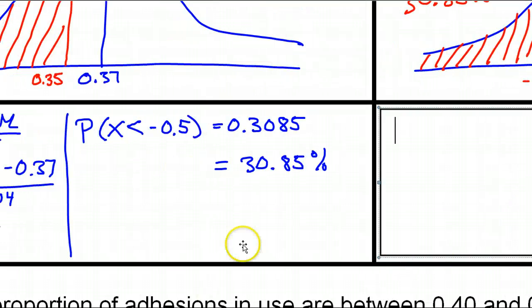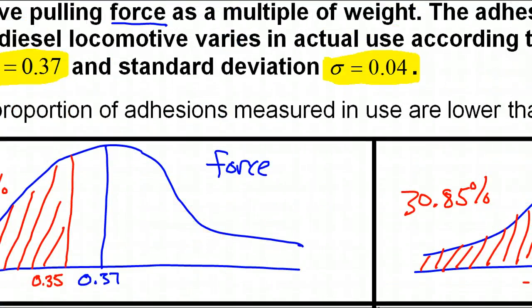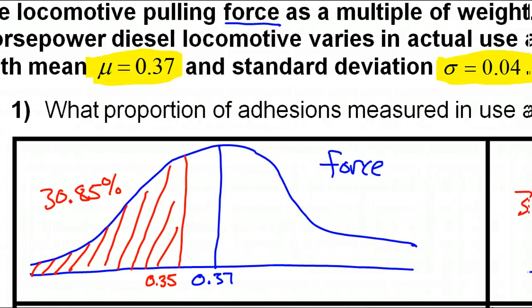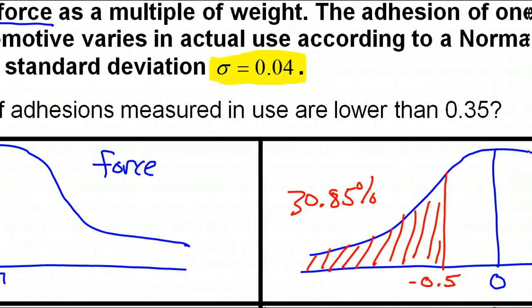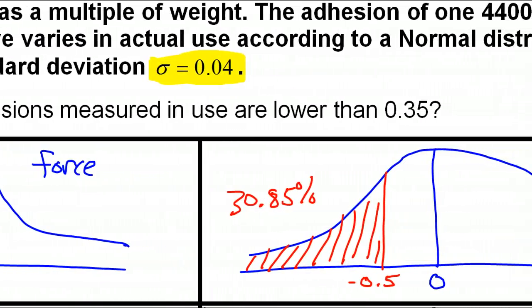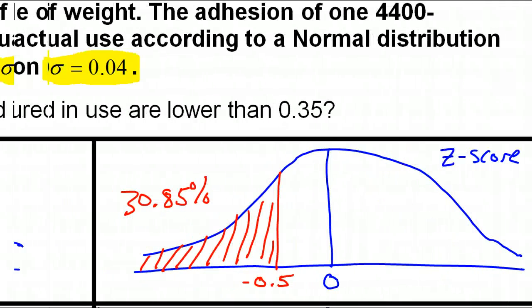Let's look back at the question one more time, and let's reword the question in our answer. What proportion of adhesions measured in use are lower than 0.35?